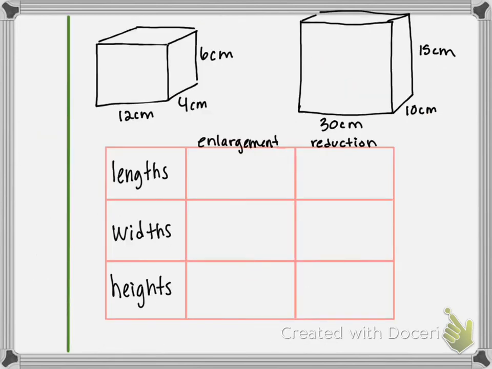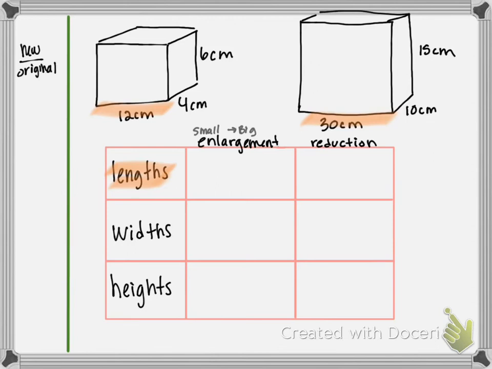So for the lengths of this figure, we got 12 and 30, right? So from 12 to 30, I want to see what my enlargement would be. And remember, enlargement is going to be from small to big, right? So my ratio, if you guys remember, is from my new measure to my original measure, right?